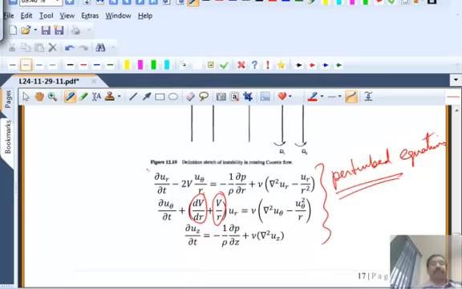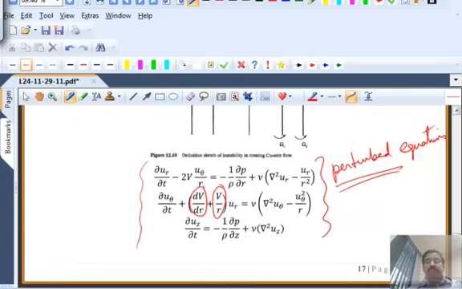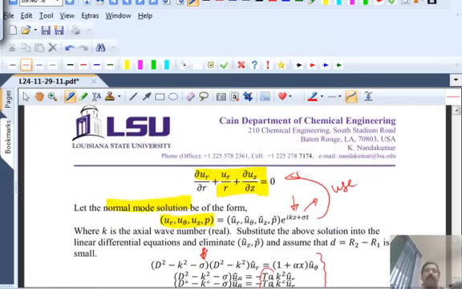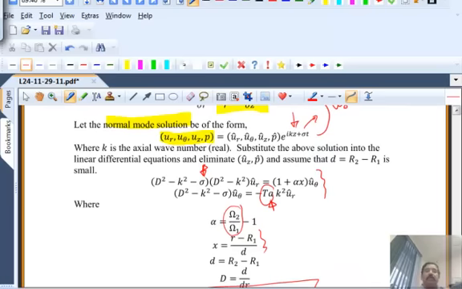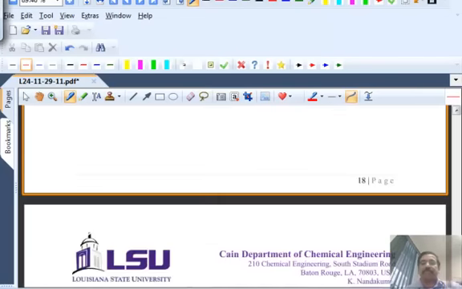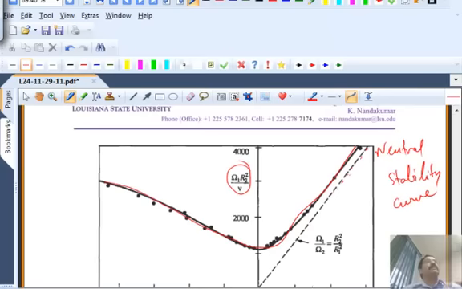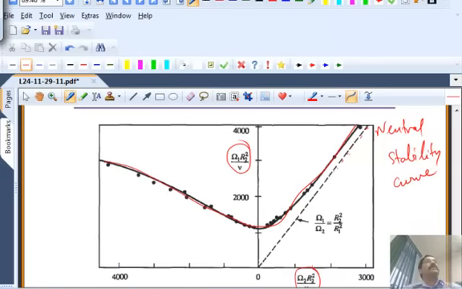Okay, and normal mode, I won't ask you to be responsible for getting this equation or the analysis, but you should be exposed to it. Like what are the basic ideas behind it, and how does one construct the stability diagram? This is a stability diagram where there are parameters, and you identify which range of the parameters you have a stable system, which range you have an unstable system.